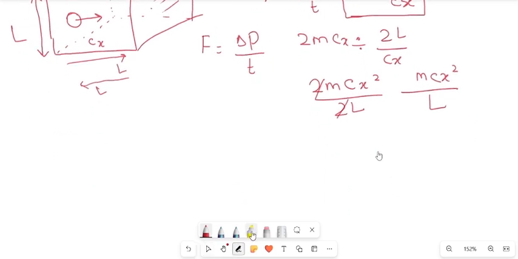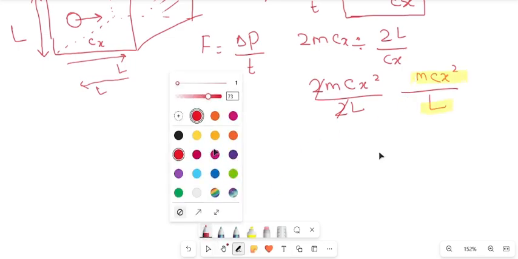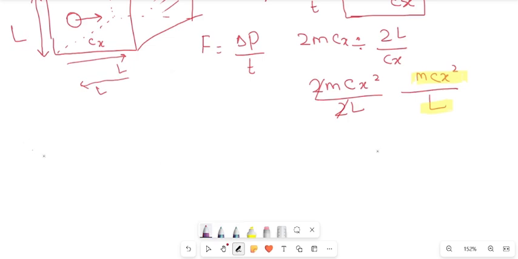Let me highlight this because this is important. mcx square over L. Now, this is another part, so let me just do it with purple. Okay. What is pressure? Pressure equals force over area. We're just linking things now. What is force?